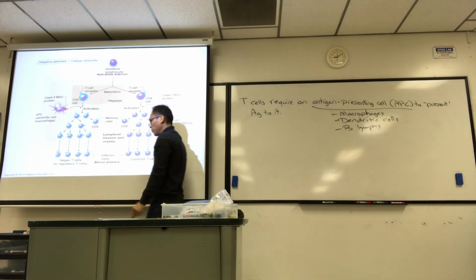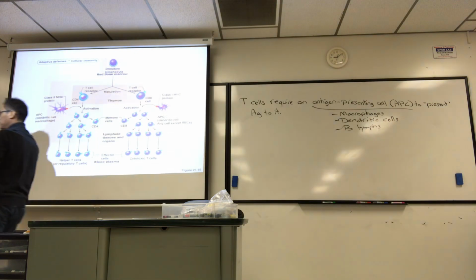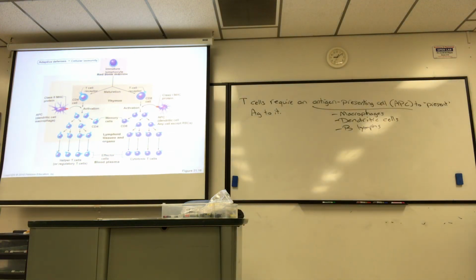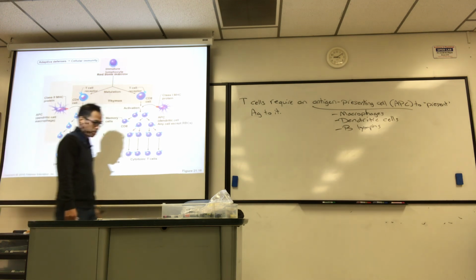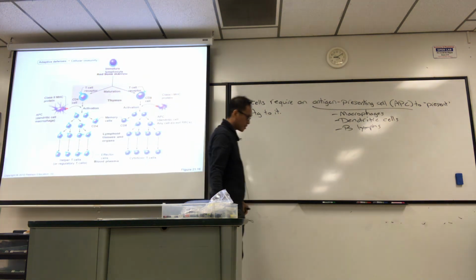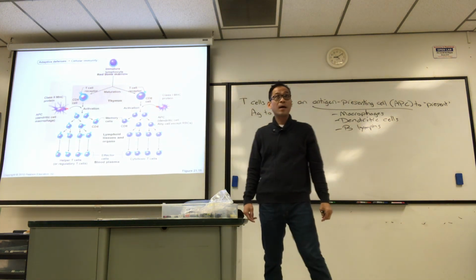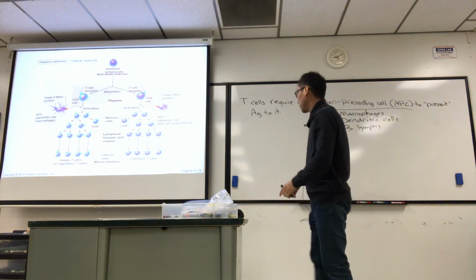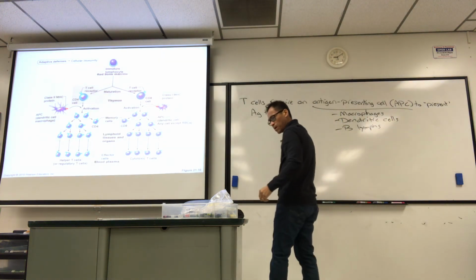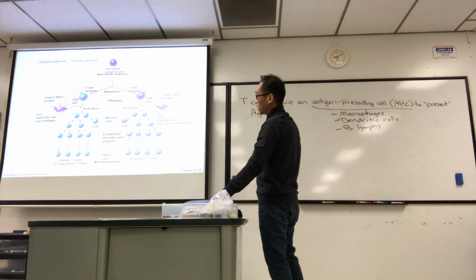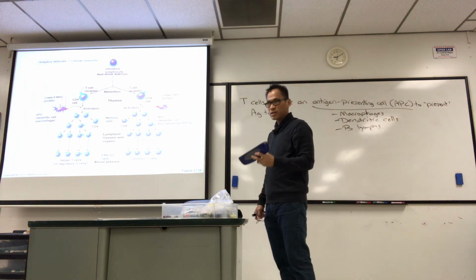Now, there are different subpopulations of the T cell that I defined before the break. We're going to focus on CD4, CD8 cells. This is illustrating to you a concept called MHC restriction. It's the T cells that interact with the MHC, which I discussed last time. But there are different classes of MHC. There's class 1 as well as class 2.